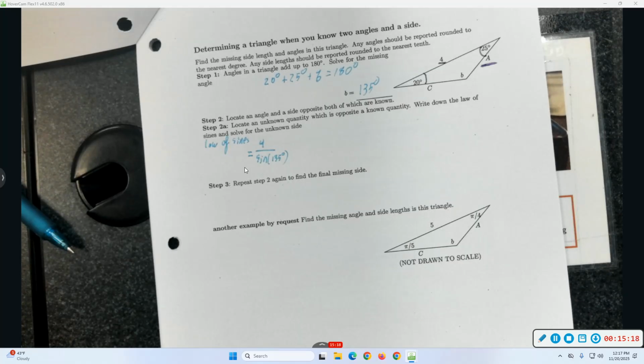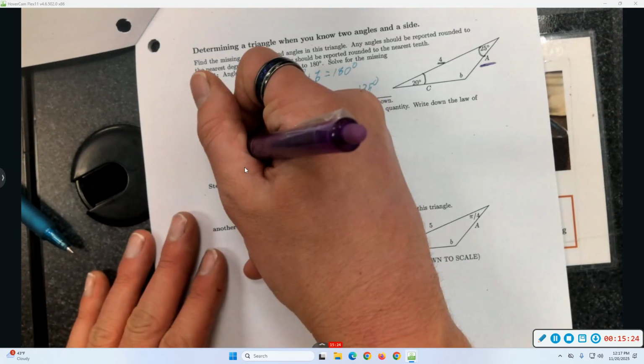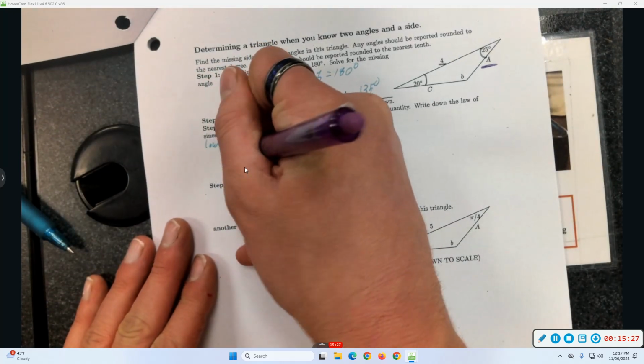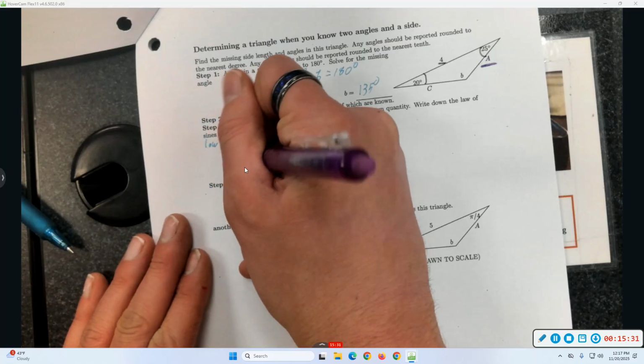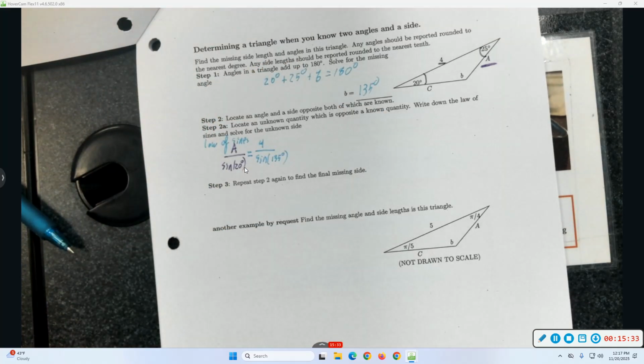I'm going to write it upside down though, because that'll make it easier to solve for A. What you said wasn't wrong, but there'll be an extra step where you take the reciprocal, so I'm just going to take the reciprocal first. Nice, but don't actually solve yet, because I'm going to do some simplification first. Does that look like an equation you could solve for A? Yeah, the one sentence is cross multiply.